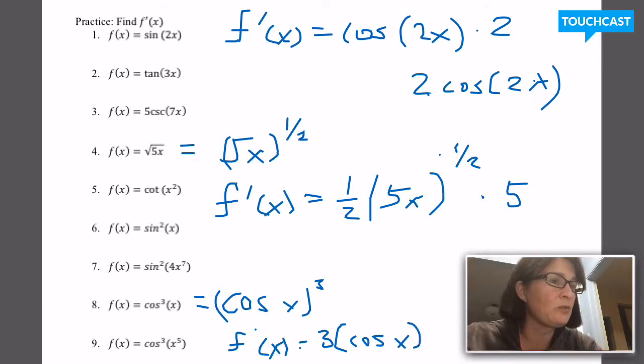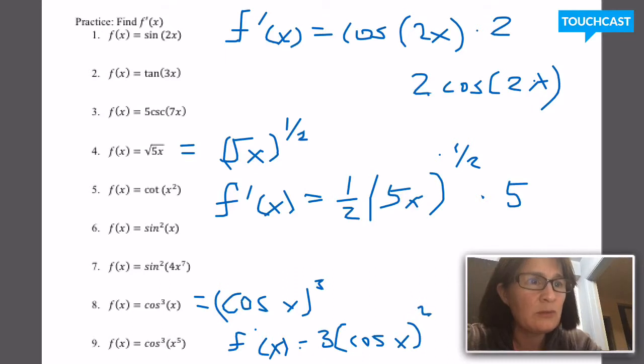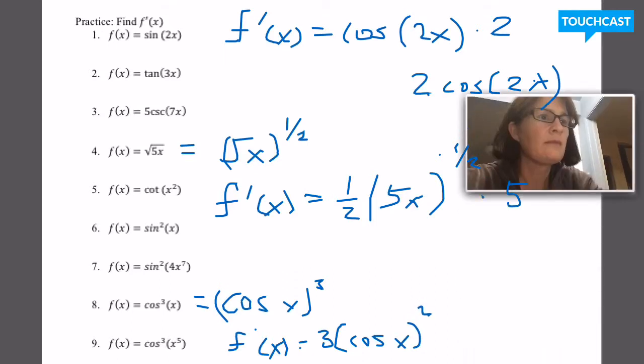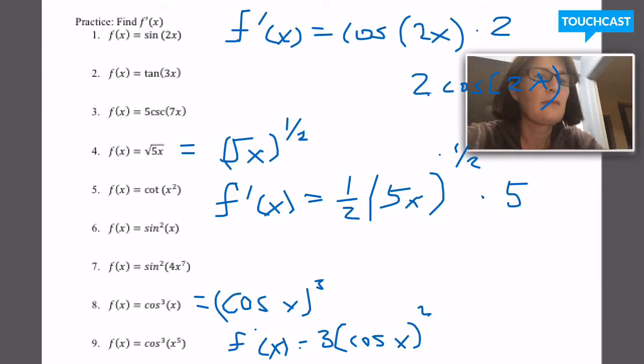Now it's going to get raised to 1 less power, so 3 times cosine of x squared. And I'm going to multiply by the derivative of the inside. Well, what's the derivative of cosine x? That's the opposite of sine of x.